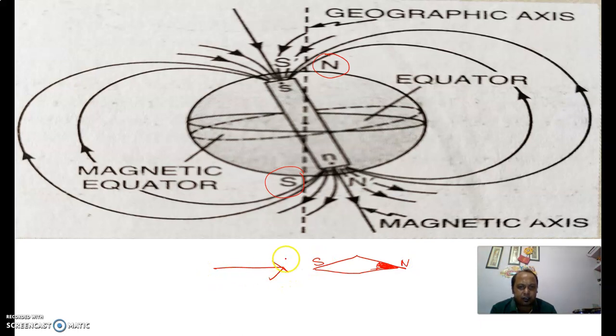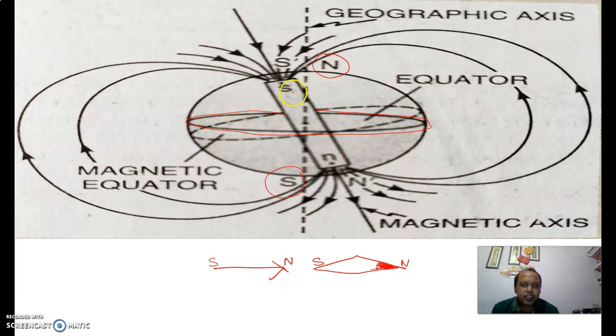Now, if such a needle is taken which is free to move in a horizontal plane, and it is placed at the equator, you can see the equator here. This is the equator of the Earth, as I am marking it.